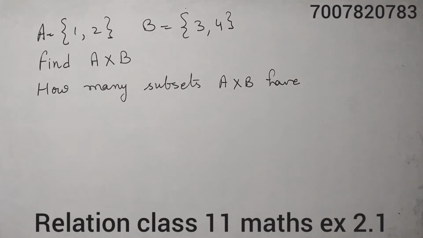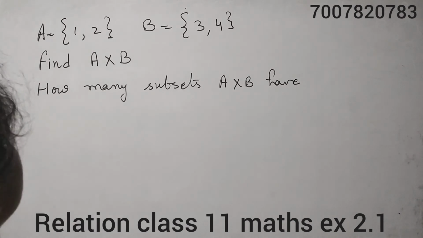Now next question. If set A is equal to {1, 2}, set B is equal to {3, 4}, we have to find A cross B and how many subsets A cross B has. Now before solving this question, I want to explain some more things. So listen carefully.